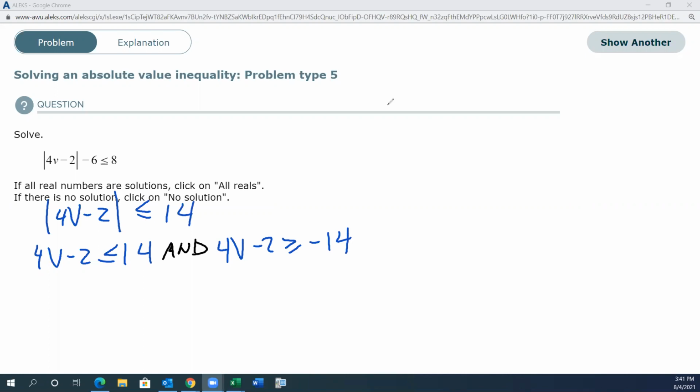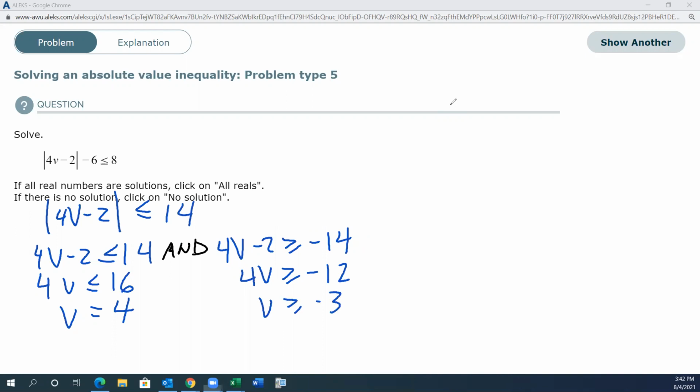Okay. Now we solve them both. I'll add 2 to both sides and divide by 4. And then the second one, we'll add 2 to both sides and divide by 4.